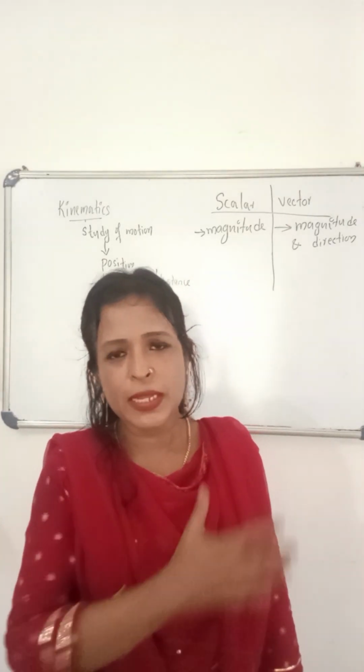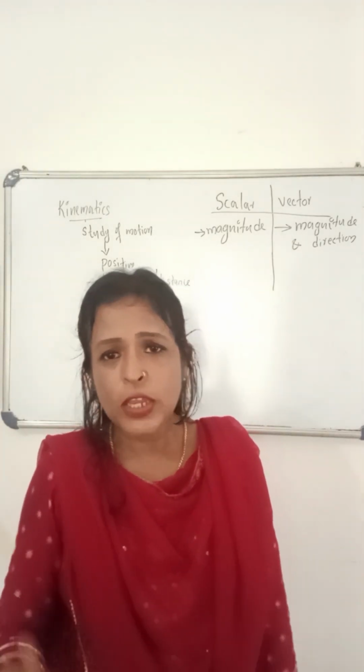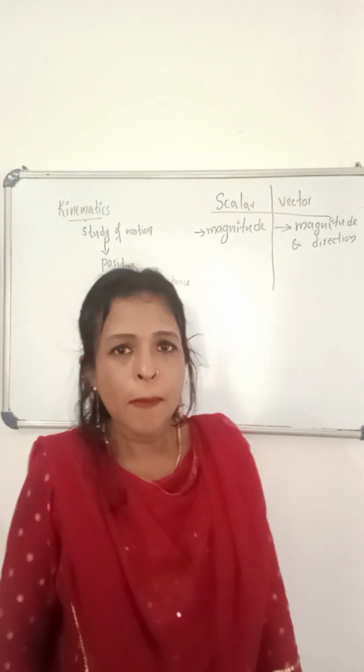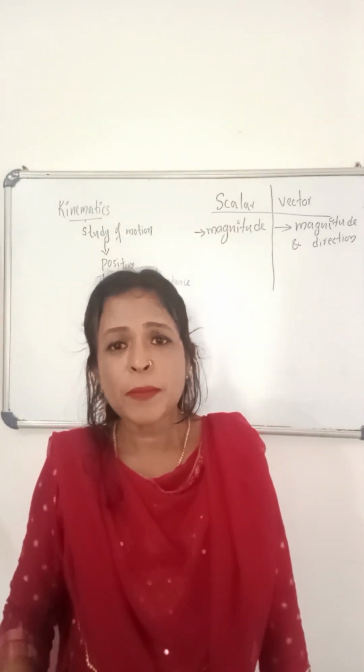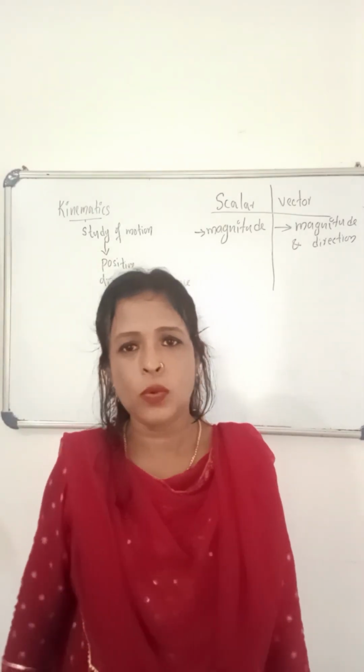Vector addition, vector multiplication is not the same as the scalar addition and scalar multiplication. We know that 3 plus 4 is equal to 7 in the case of scalar addition. But in the case of vector addition, it is not like that. Vector multiplication is not like that. So we need to consider the direction also.